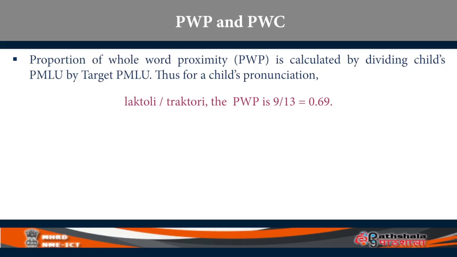So you have two numbers, one is the adult target and one is the child's PMLU. Divide one by the other, you get PWP. So for the second word, traktori, the PWP would be 9 by 13, which will be 0.69. You go back and check it out by yourself later on.